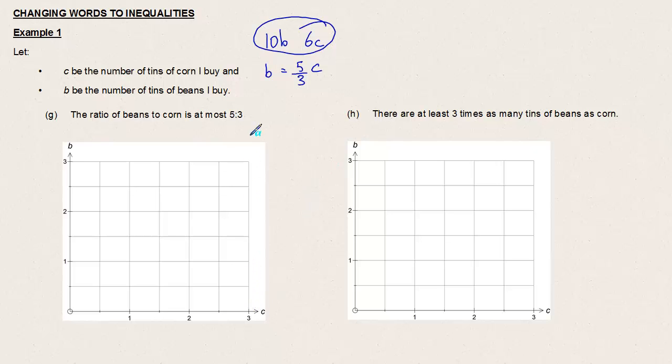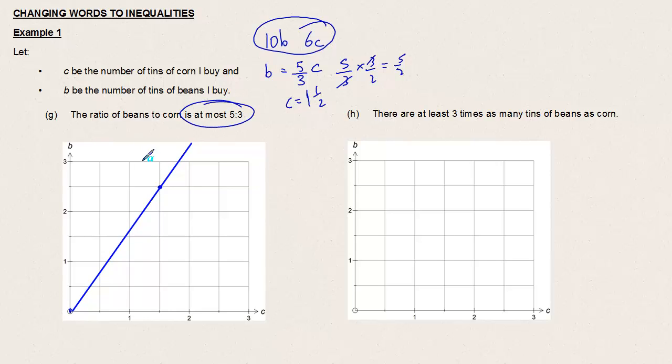If we take C as 3, B would be 5, which isn't on our grid. So let's take C equals 1.5, which is 3 over 2 of course, so 5 over 3 times 3 over 2 gives us 5 over 2, which is 2.5, so 1.5, 2.5, and of course 0, 0 is on this line, so it's going to go up here like this, but this time it said at most.